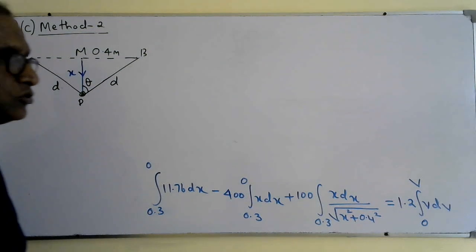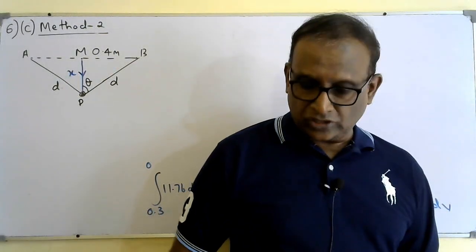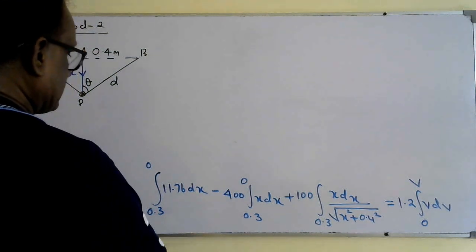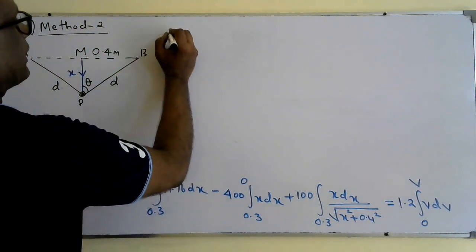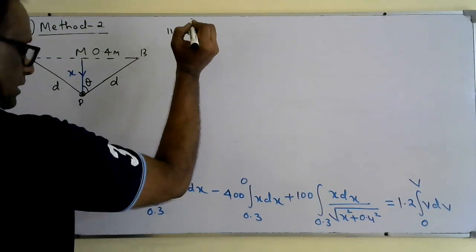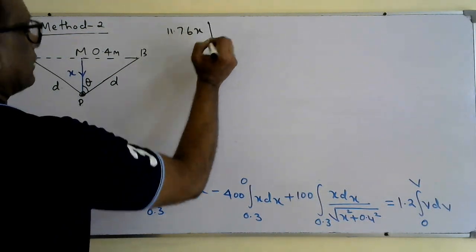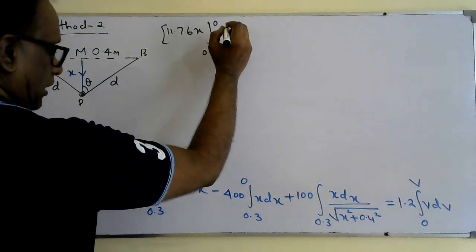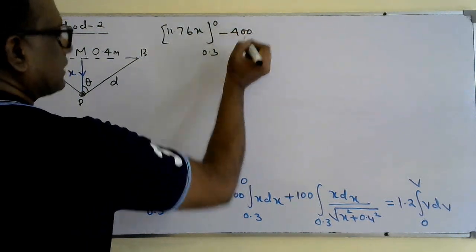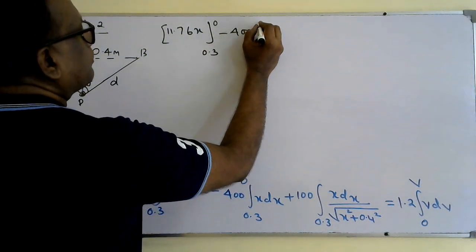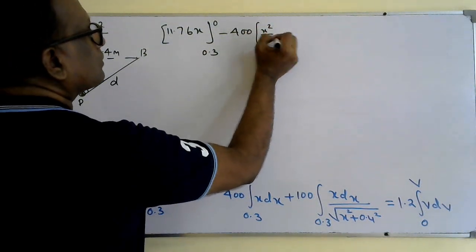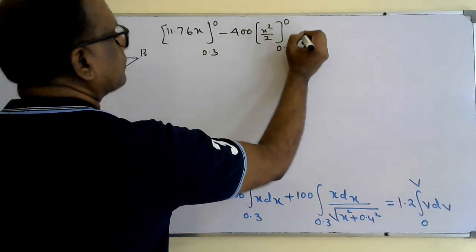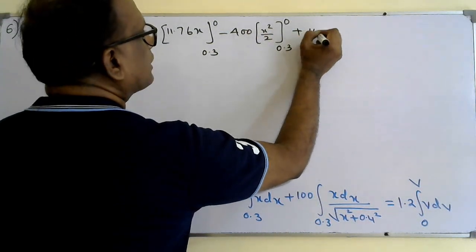Or you can integrate by using the integral u dv format. That way also you can integrate. Okay, anyway, so we'll integrate this one. If you integrate this one, 11.76x, the limit from 0.3 to 0, minus 400 x squared by 2, limit from 0.3 to 0, plus 100.